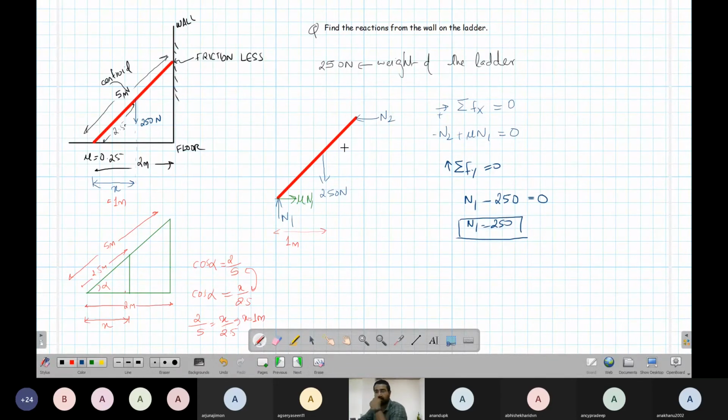So the reaction N1 value is 250. N2 value, you substitute this in this equation. What will you get?